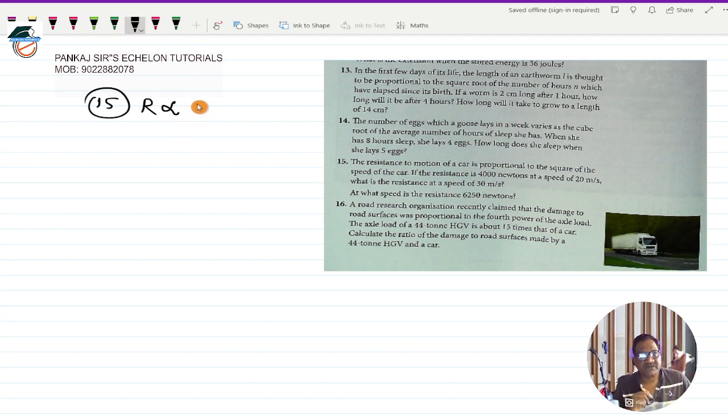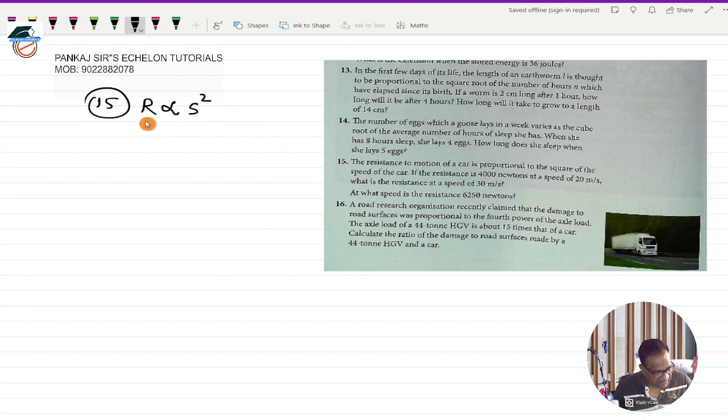So suppose the speed of the car is s, so the square of the speed will be s square. So this is the relationship between the resistance and the speed. So the resistance offered to the car is directly proportional to the square of the speed of the car. R is the resistance, s is the speed of the car.